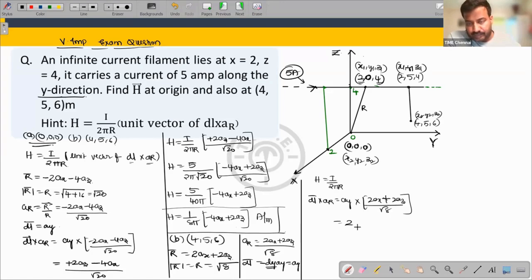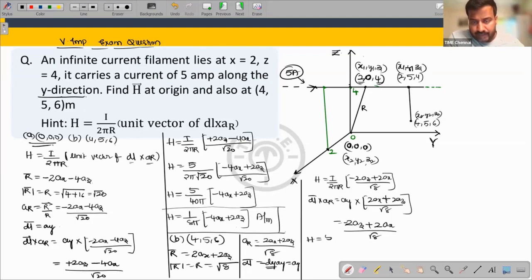That is 2 into ay cross ax minus 2az plus 2ax by root 8. Substituting minus 2az plus 2ax by root 8. So r is root 8.